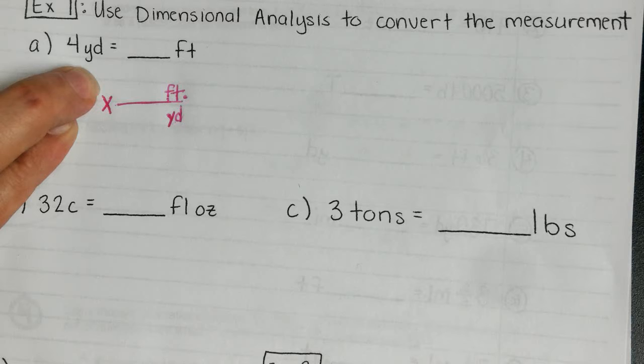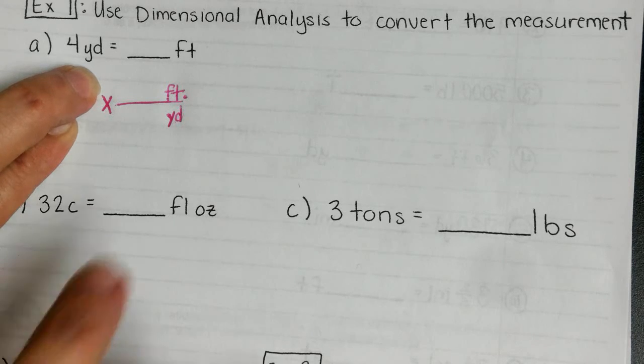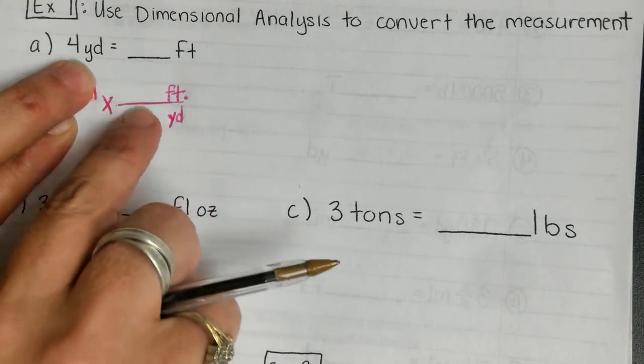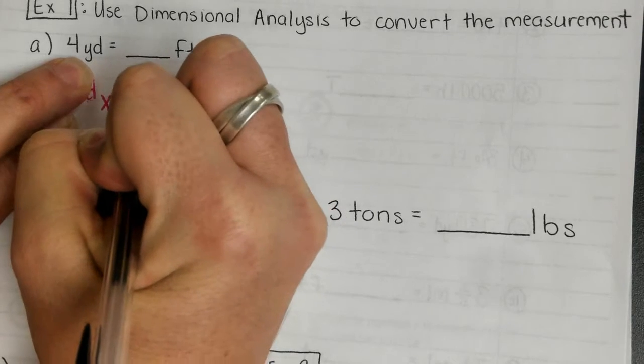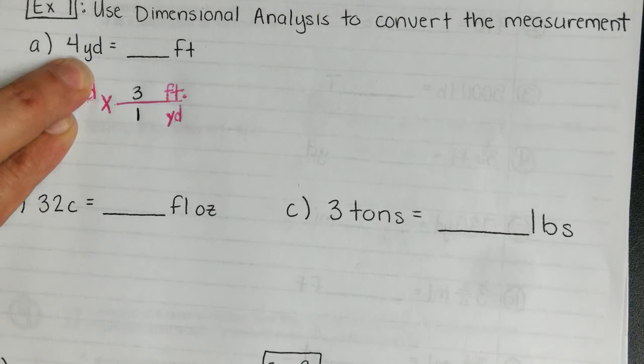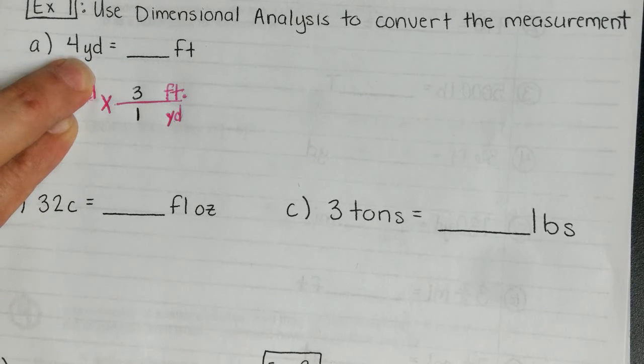What has feet and yards in it? 3 feet is what? 1 yard. Okay, so plug that in on this side. So 3 feet is 1 yard. I just pulled that off the wall. That's all I'm doing is plugging it in.